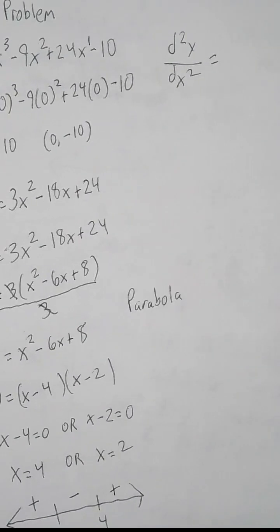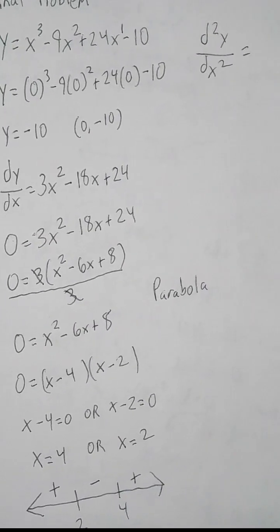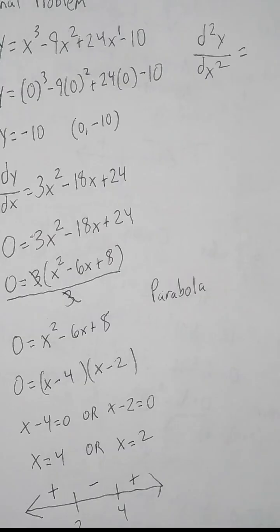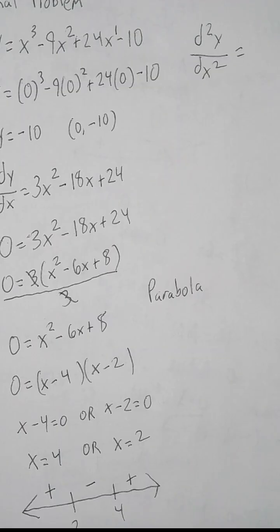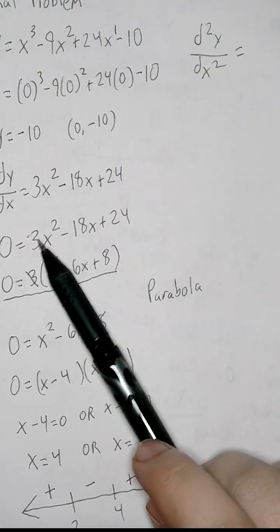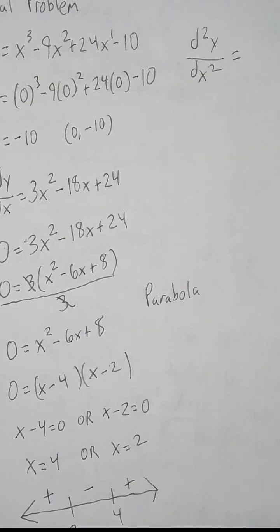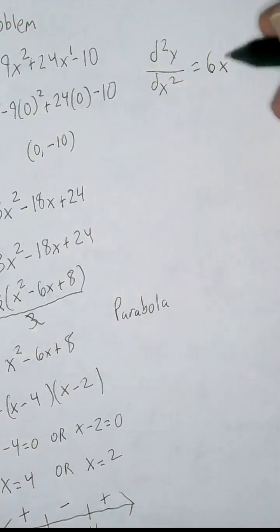6x Ham Chowder says 6x minus 18. Nope, you don't need to include your plus c. We're not taking the integral. No plus c. But you're absolutely right on your derivative. Take the 2, move it out front, multiply it by 3. 3 times 2 is 6. X to the 2 minus 1 is 1.